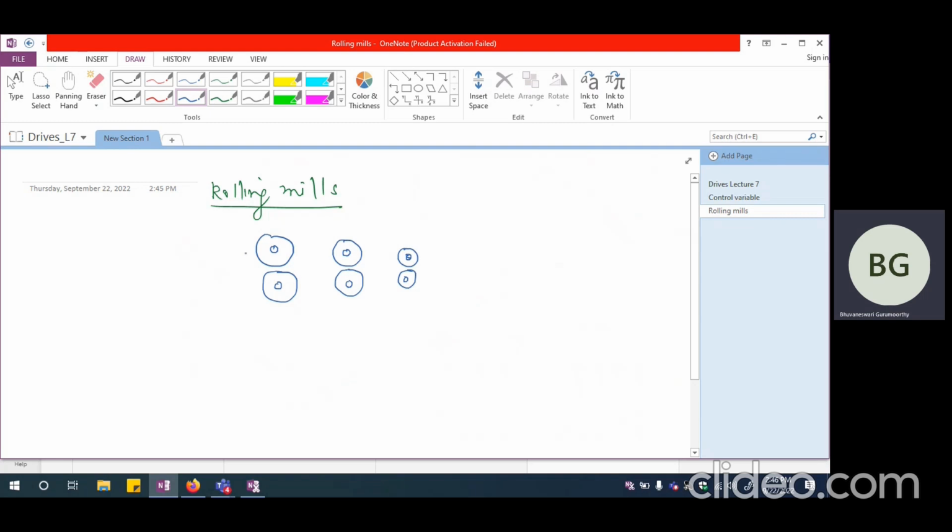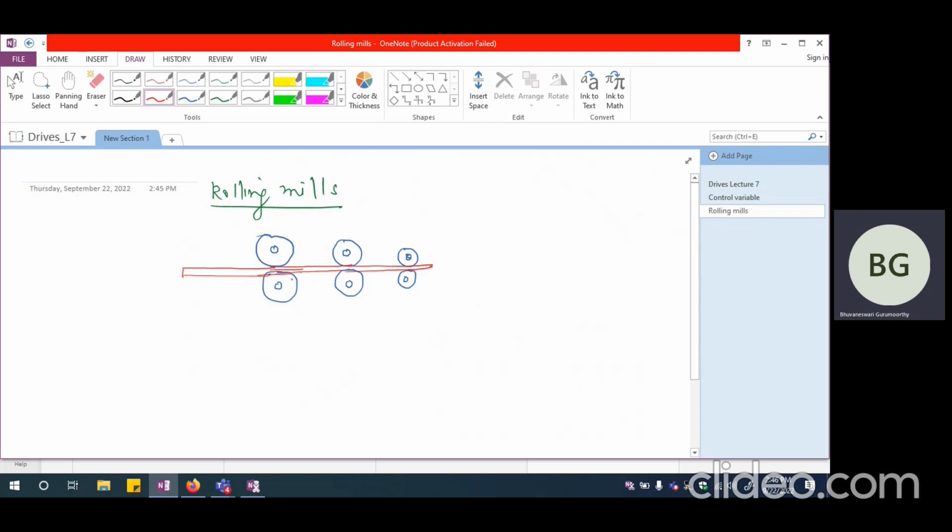So we are going to have several sets of rollers continuously, and we are going to pass a sheet of steel through this. Initially we pass a sheet of steel like this, and it will become thinner and thinner as it comes through the consecutive rollers. Because it becomes thinner, obviously it will become longer.